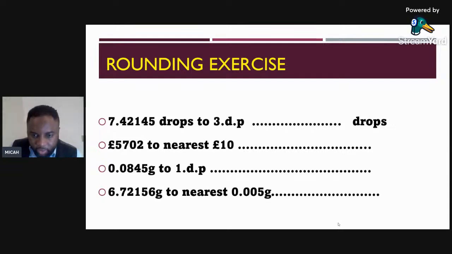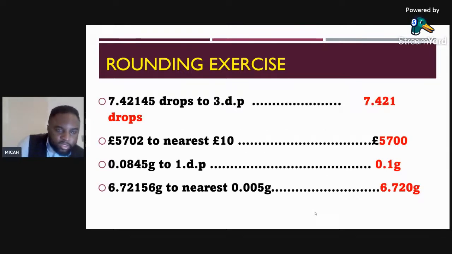Okay, so let's see. What are the correct answers? These are the correct answers. The first one says round to 3 decimal places. When we look at that number, the third decimal place is where 1 is sitting.